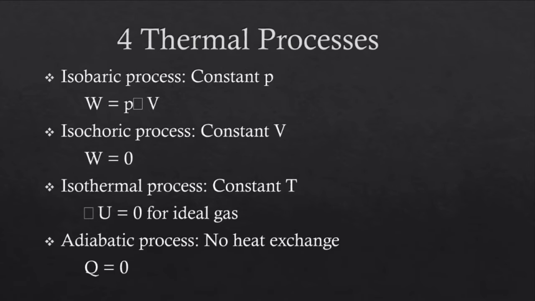Isothermal process, the constant is T, that would be delta U is equal to 0 for ideal gas. And lastly, the adiabatic process, no heat exchange, where Q or energy is equal to 0. Kindly take a screenshot of these for further uses.